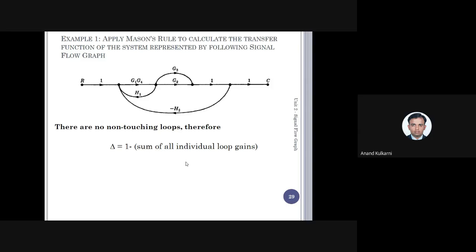Similarly, minus the sum of three loops which are not touching, again that is not possible. So this formula is only 1 minus the sum of individual loop gains, 1 minus (L1 plus L2 plus L3). So this is my delta.